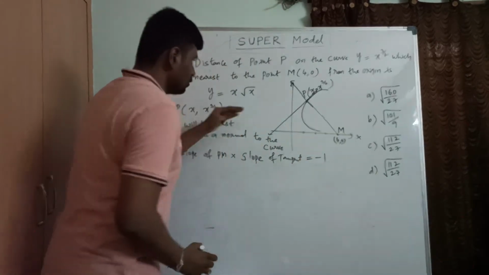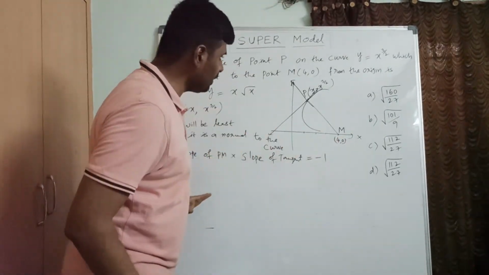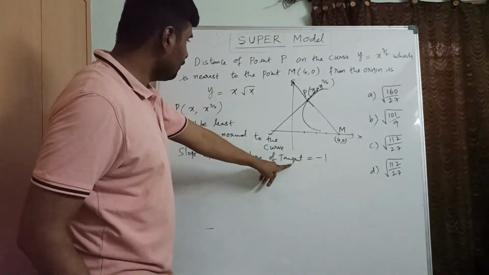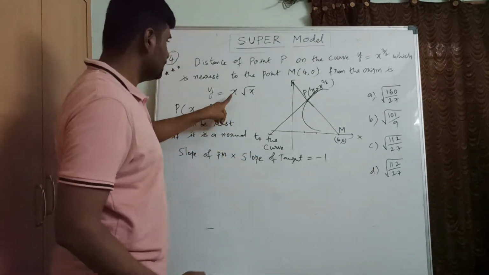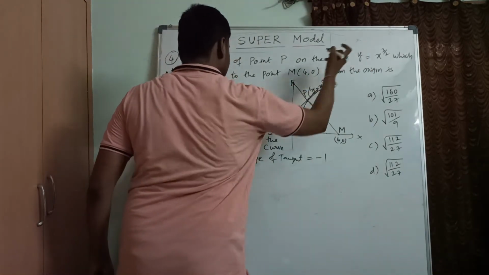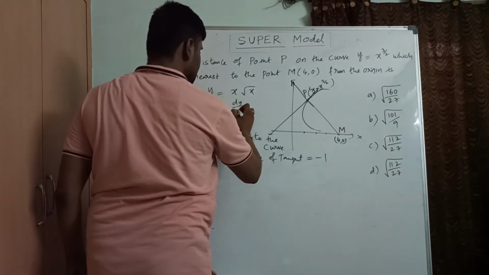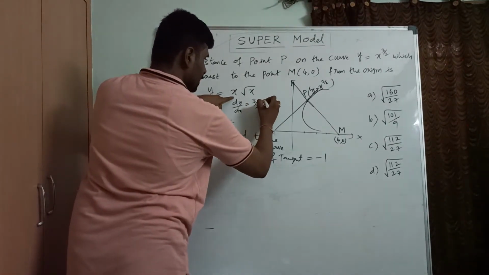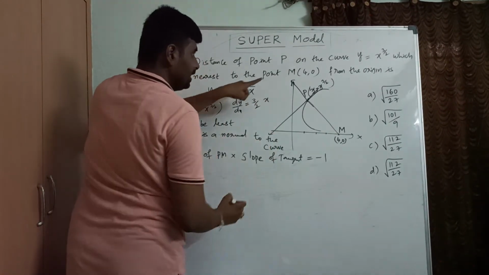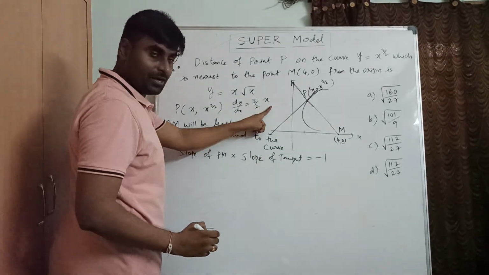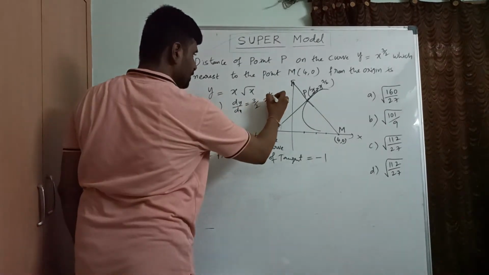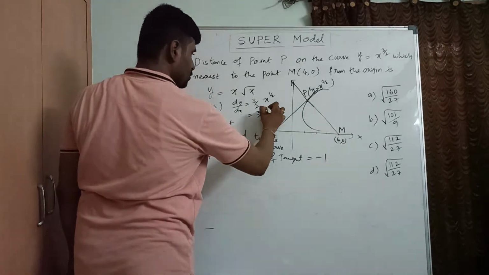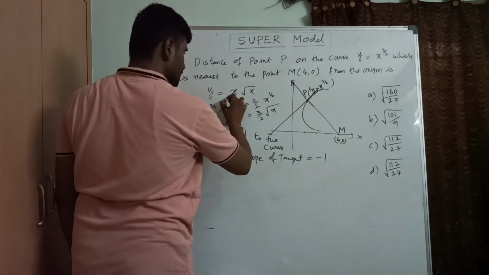Now what is slope of tangent? We differentiate this one. So what will we get? dy by dx equals 3 by 2 x power 1 by 2, correct or not? n into x power n minus 1, so 3 by 2 minus 1 is 1 by 2. So I can take 3 by 2 root x.